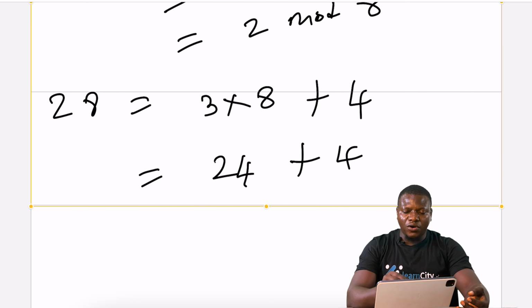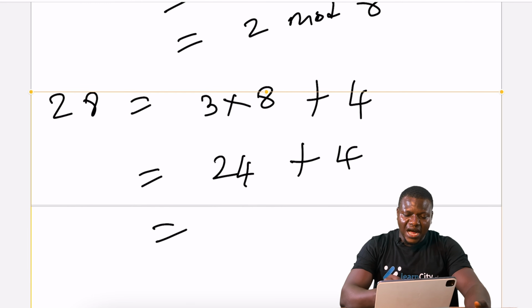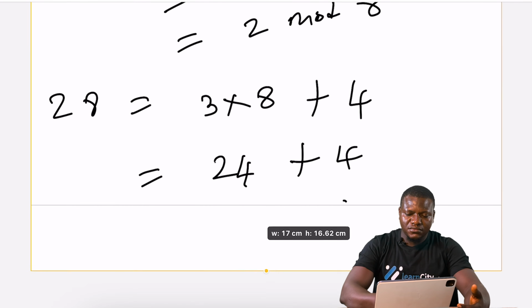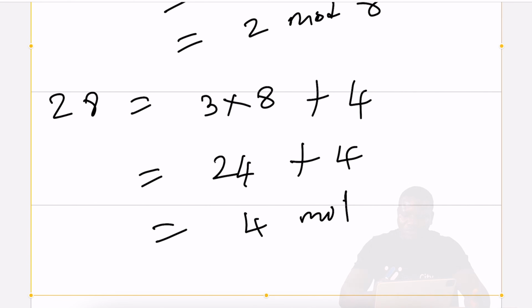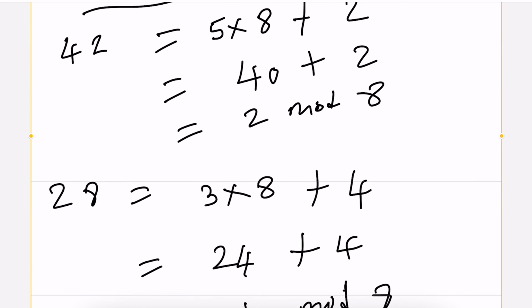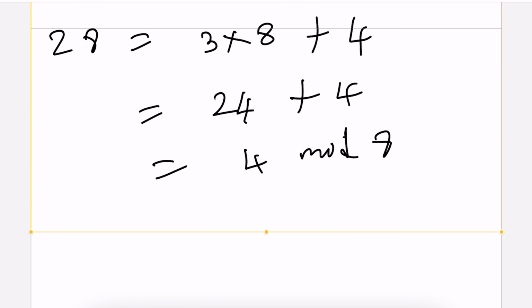Our 24 is a multiple of 8, so we forgo 24 and have 4 mod 8. So now we have simplified 42 and also 28.